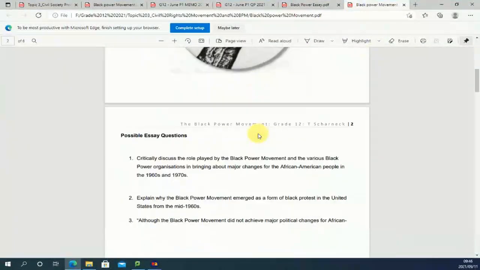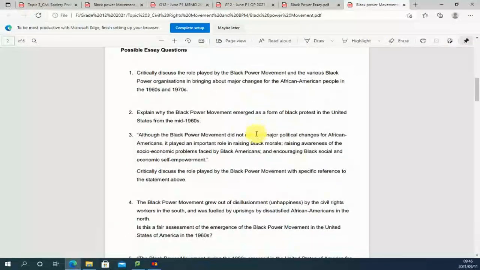Okay, so looking at some of the essay topics: critically discuss the role played by the Black Power movement and the various Black Power organizations in bringing about major changes to the African American people. Why did they emerge is another possible topic, okay? Although they did not achieve major political change, they played an important role, such as raising black morale, raising awareness of the problems, and encouraging black social and economic self-empowerment.